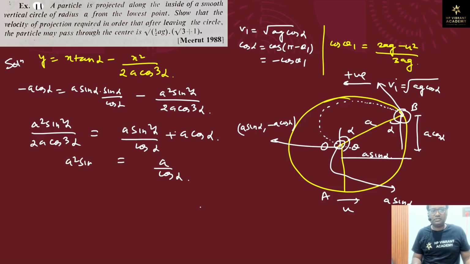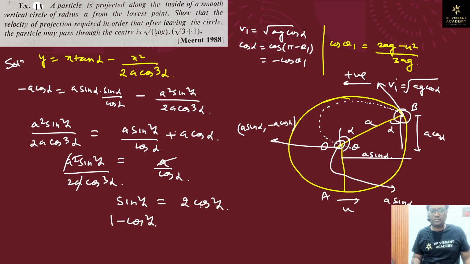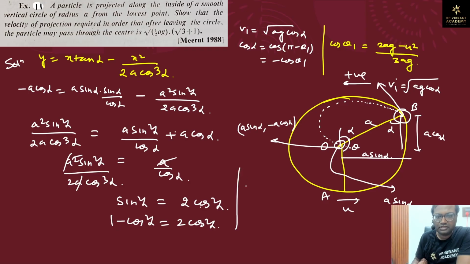Okay, so this gets cancelled and this gets cancelled. So we have sin square alpha is equal to 2 times cos square alpha. 1 minus cos square alpha is equal to 2 cos square alpha. So we have 1 is equal to 3 cos square alpha. So cos alpha is equal to 1 upon root 3.